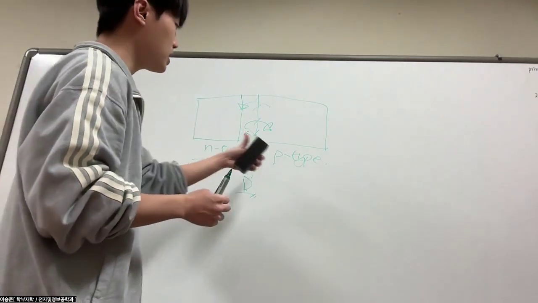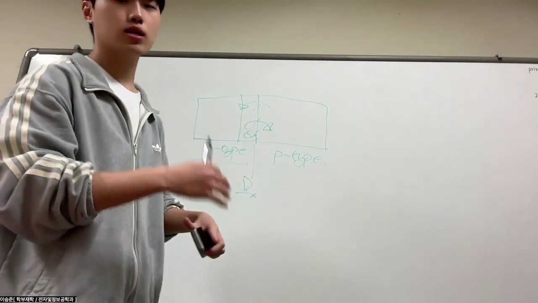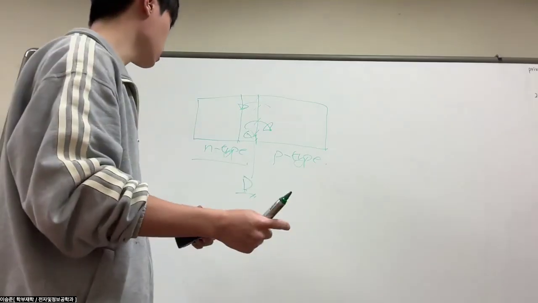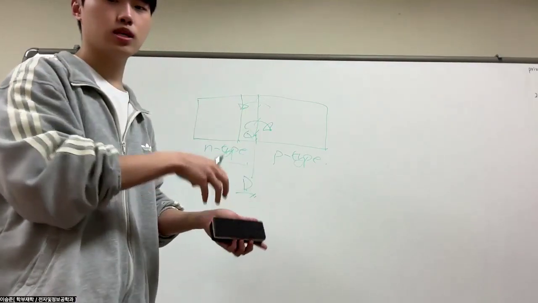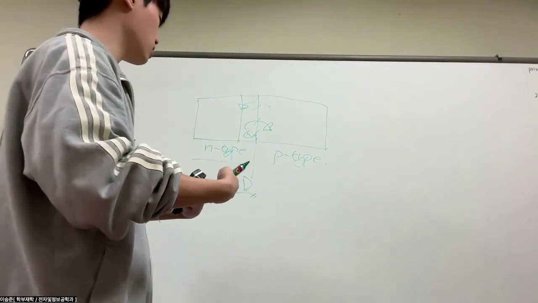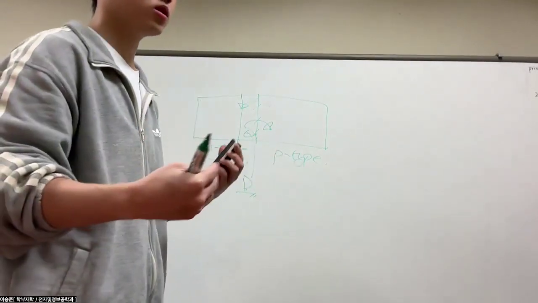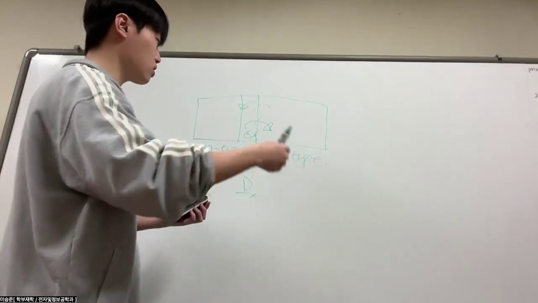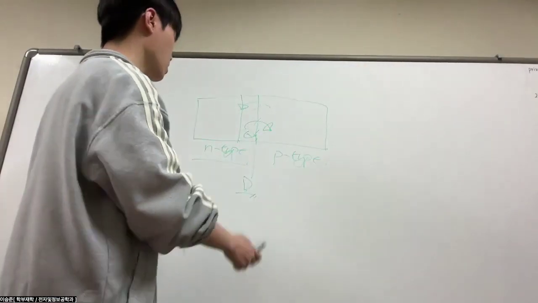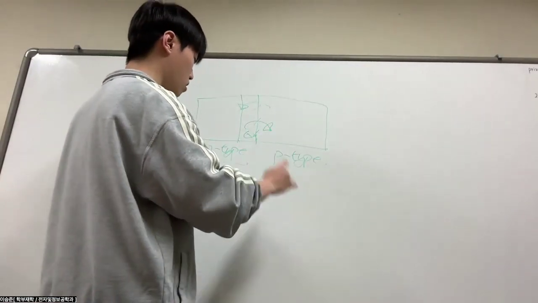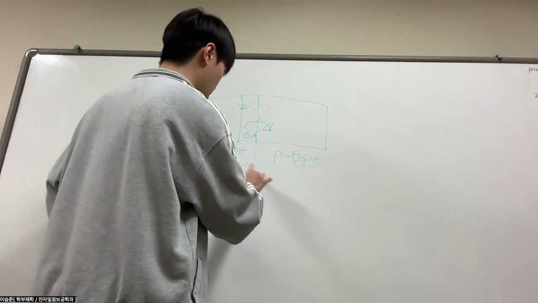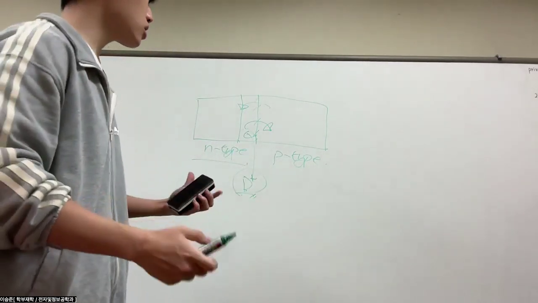The N-type and P-type are actually quasi charge neutral, because the donor ions and the electrons are neutral, and the holes and the acceptor ions are neutral. But when the electrons go to the P-type, the donor ions are now fixed, and they are plus charge.